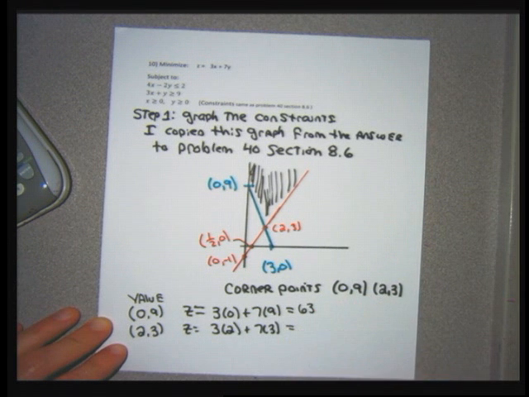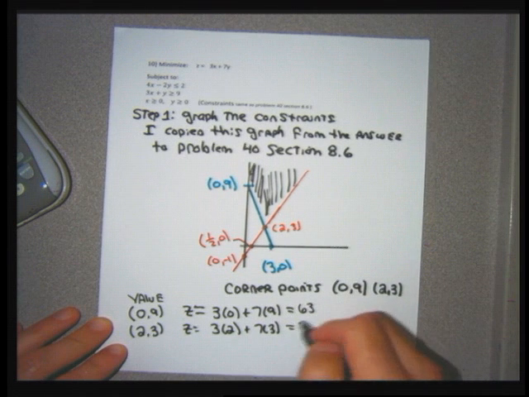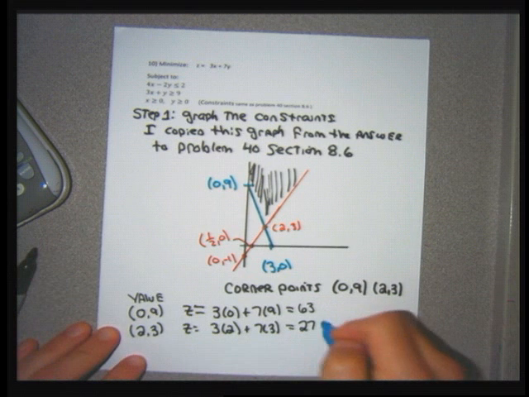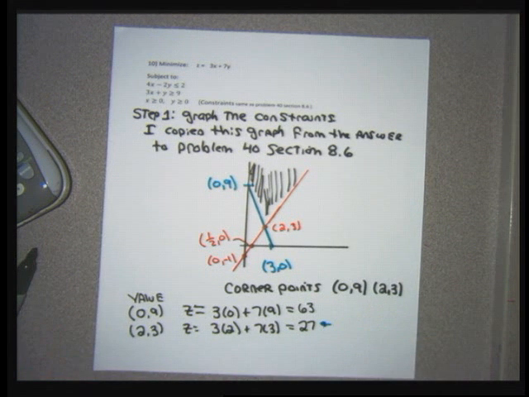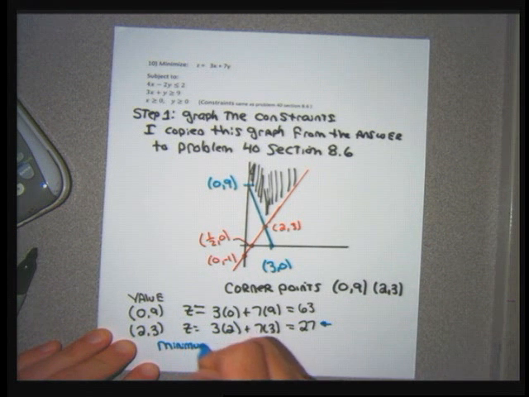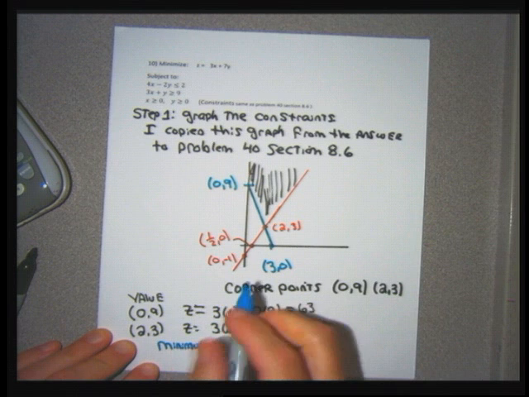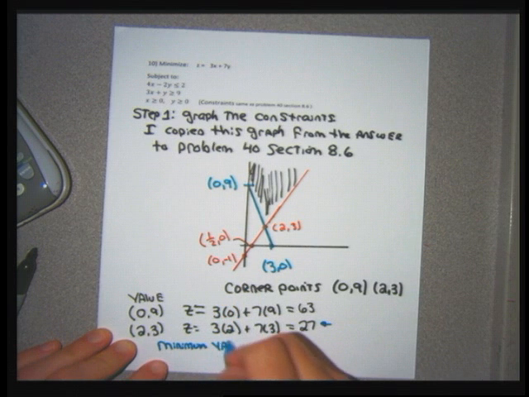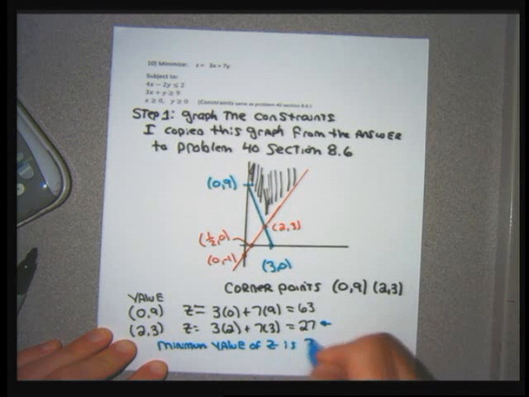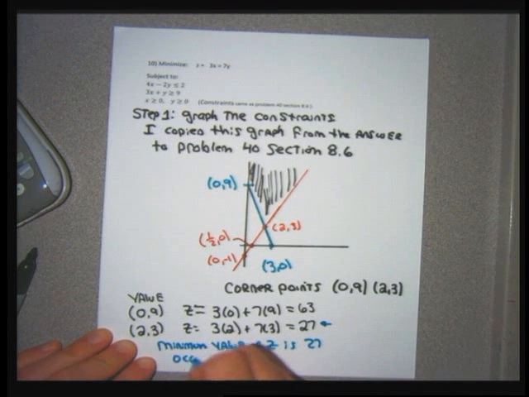For the second point, when I plug it into the minimize equation, I get 6 plus 21, which is 27. Because my goal is to find the minimum value that z can take subject to the constraints, the answer is going to be 27. So the minimum value of z is 27, and it occurs at that second point.